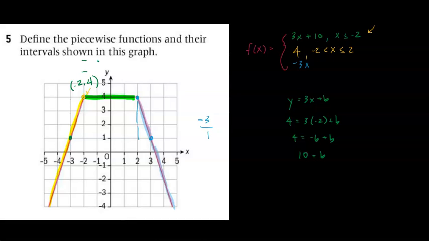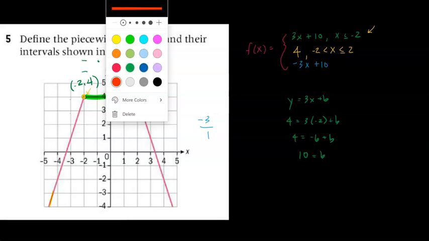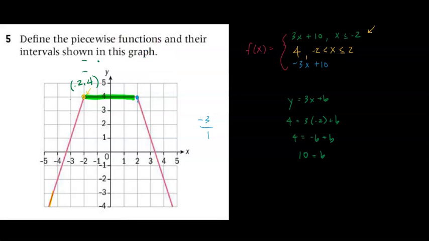So I have a feeling that the y-intercept is going to be +10. Okay, because it looks like to me that this line right here and that line right there is symmetrical.